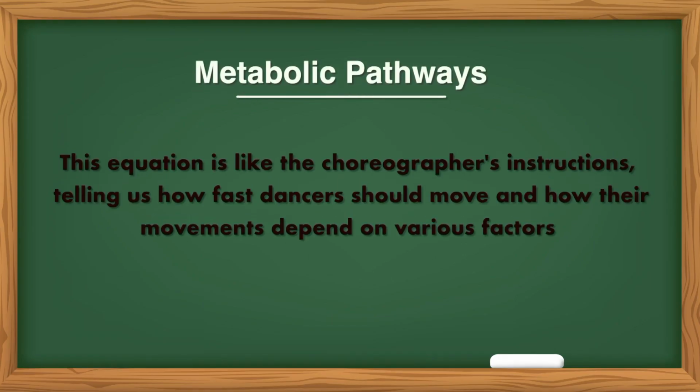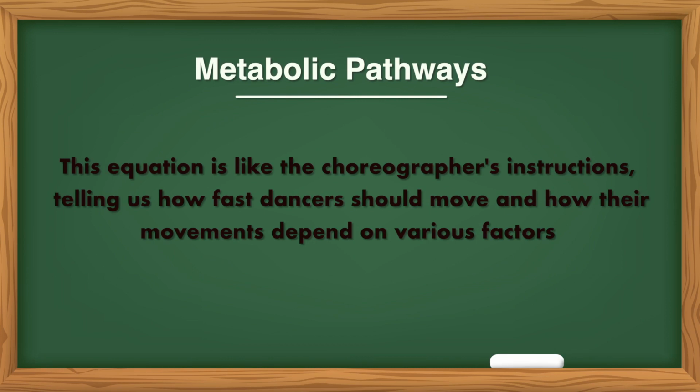For instance, the Michaelis-Menten equation helps us to predict enzyme kinetics, that is, how different substrates influence the rate of reactions. These equations are like the choreographer's instructions, telling us how fast a dancer should move, or what their movements depend upon. Now, what is metabolic pathway analysis?